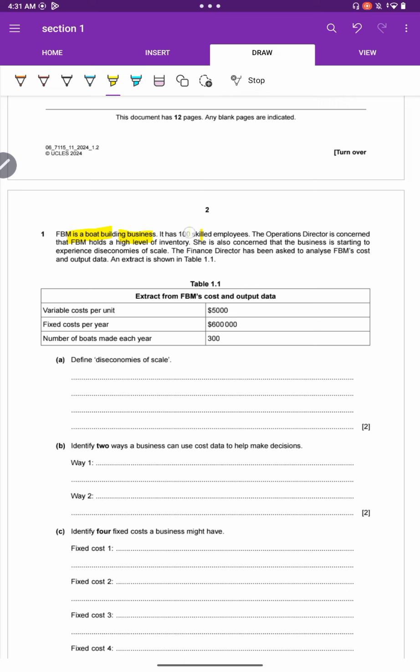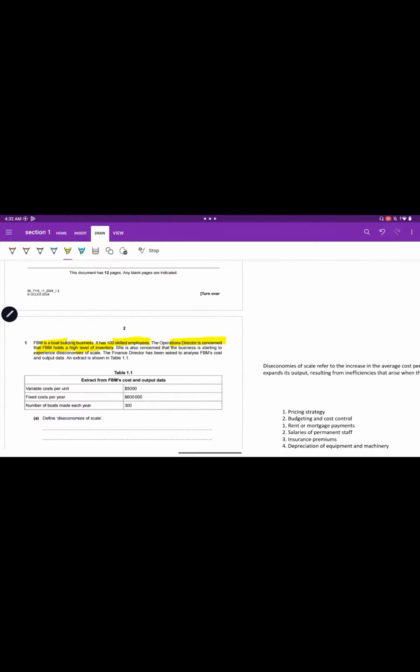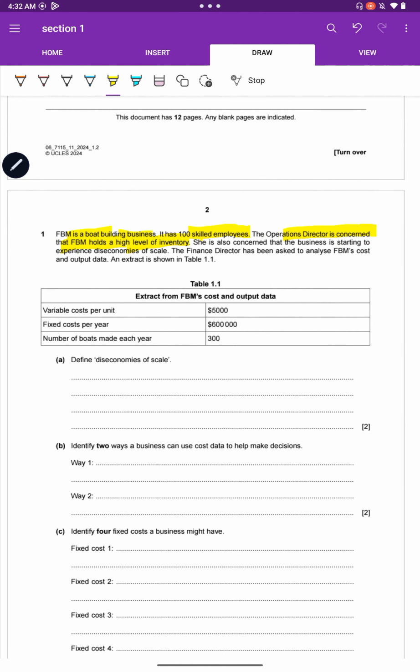It has 100 skilled employees. The operations director is concerned that FBM holds a high level of inventory, which means they have inventory in the form of raw materials. She is also concerned that the business is starting to experience diseconomies of scale.